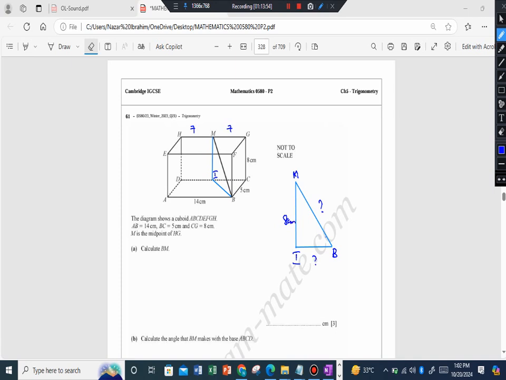BI I don't know. Now if I see over here, there is another triangle forming, that is BIC, which I need to work on to calculate BI, right? Okay, let's make this triangle BIC.